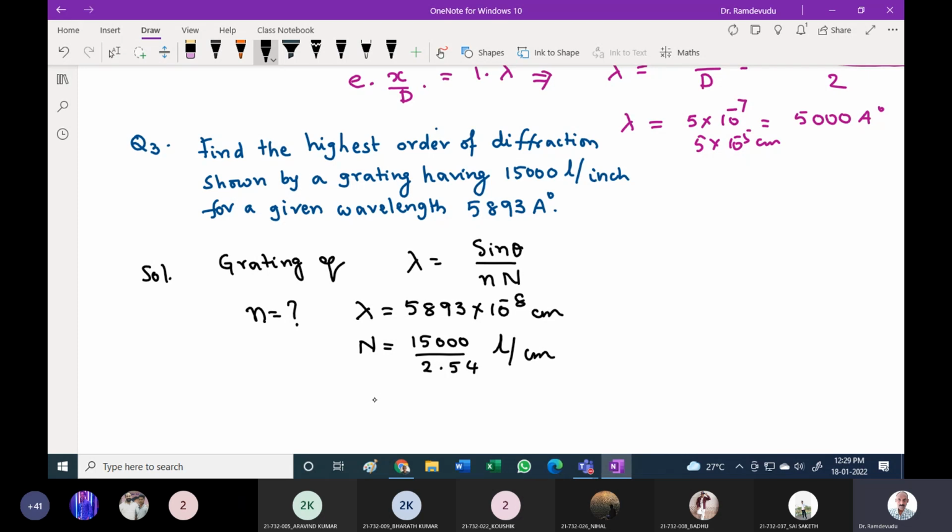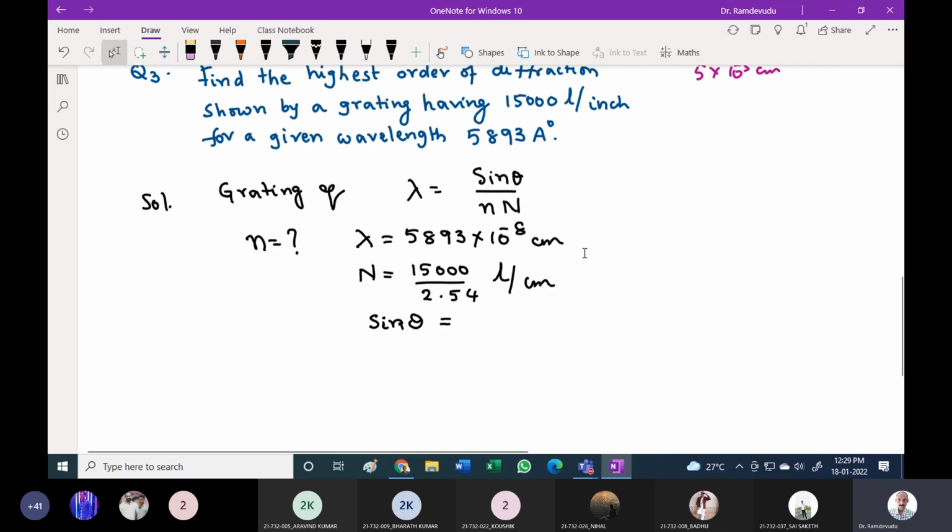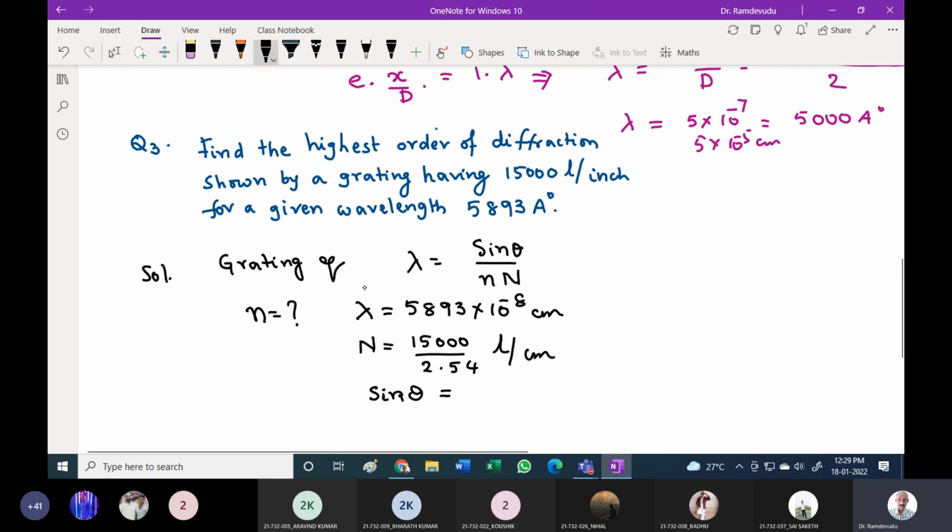And then they're asking to find theta, sine theta. Have they given the sine theta value? Can you find the sine theta value in the formula?